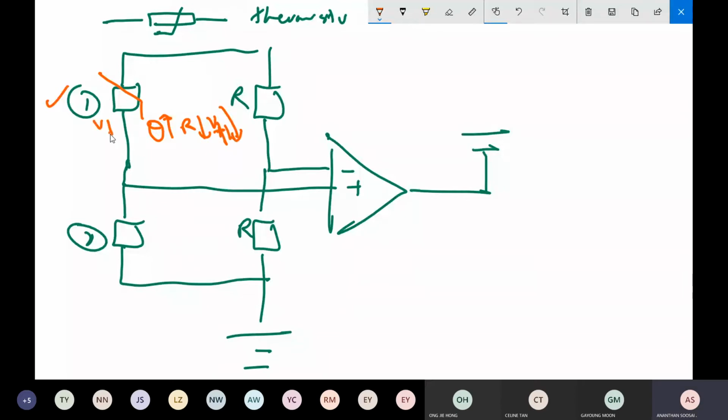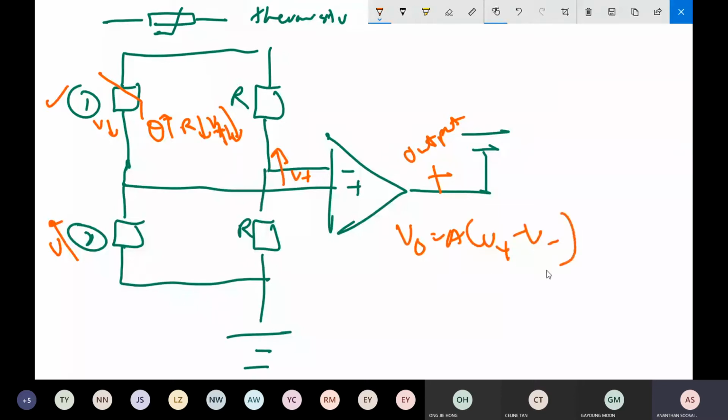So the voltage here will drop and the voltage across the second one will rise. So the input voltage V positive will rise, because the voltage at the positive input follows the voltage of the lower resistor. So the output most likely will be positive. The output is equal to A(V+ minus V negative), so V plus is most likely going to be greater than V negative. Yes, good.